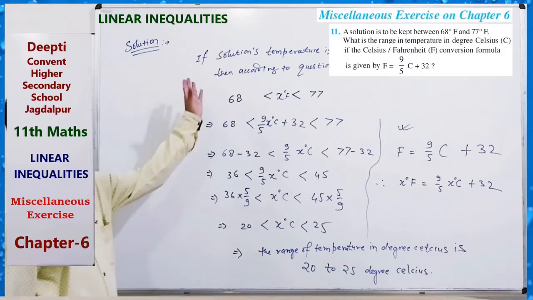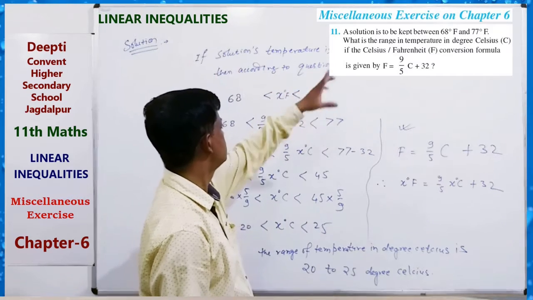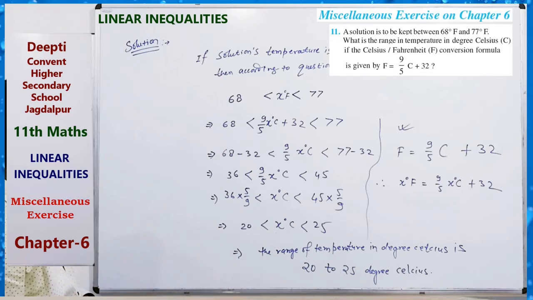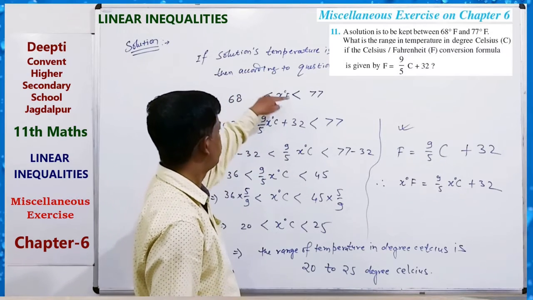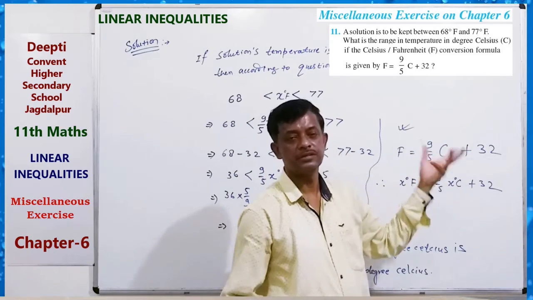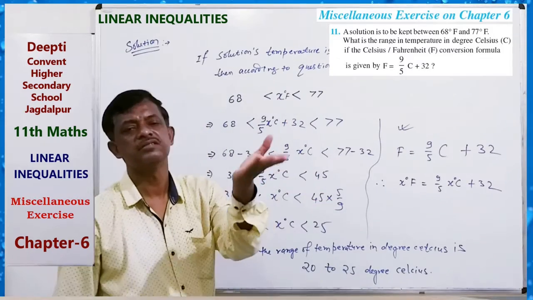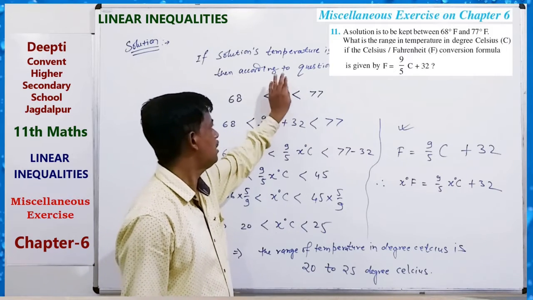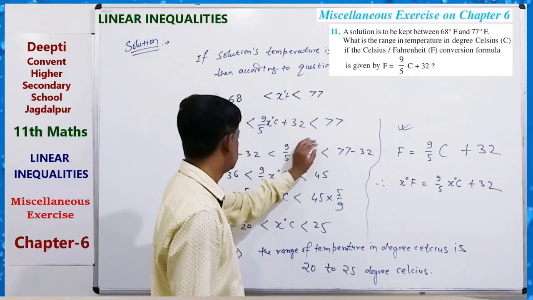Okay, so they are only giving the formula. The temperature is x degree Fahrenheit. Then for conversion from F to C, F equals to in terms of C, degree Celsius. That's why x degree Fahrenheit to x degree Celsius. In place of F, just write C. So in place of F you can just put this, then there will be C only.